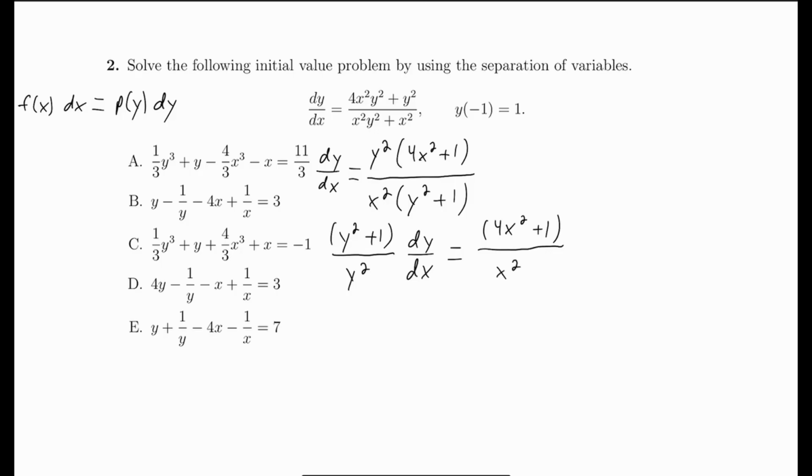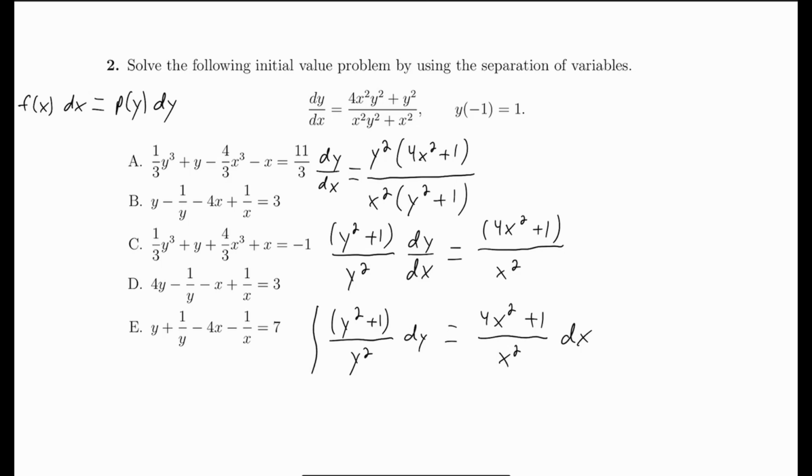Now the only term left on the left side that's not only in terms of y is that dx, and we can just multiply that across. So we'll get y squared plus 1 over y squared dy is equal to 4x squared plus 1 over x squared dx. And now we're set up to just go ahead and integrate both sides.